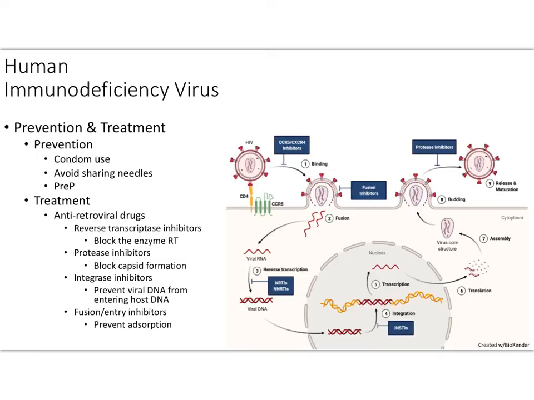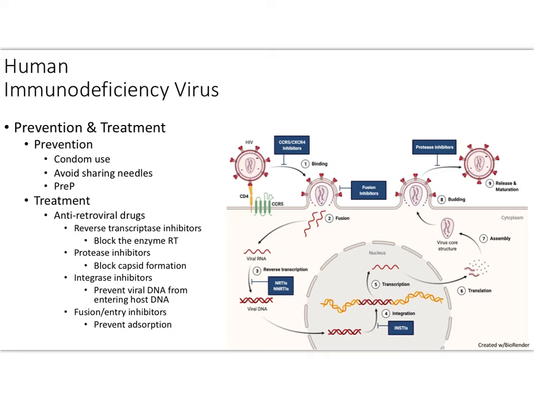In terms of prevention and treatment, one of the big things to do in terms of preventing HIV is use condoms and prevent bodily fluid exchange during sexual interactions. Avoid sharing needles. There have been many programs throughout the US and the world, when possible or feasible, to do things like needle exchange programs so that people who are going to use IV drugs are not sharing them with each other.